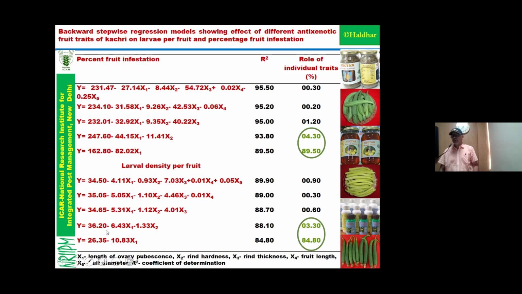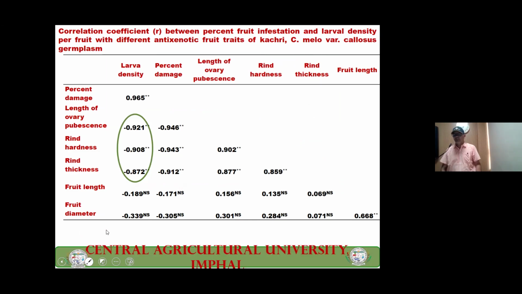The other characters are rind hardiness, meaning fruit hardiness, then rind thickness, how thick the rind is in that Kachri crop, and then fruit length and fruit diameter. One is rind thickness and rind hairiness. And ovary, length of ovary pubescence, this is there, sir.